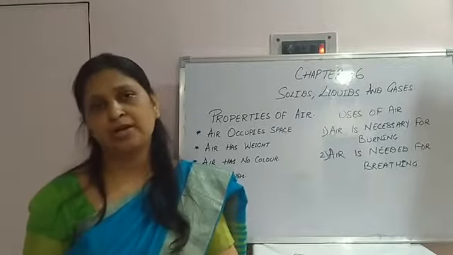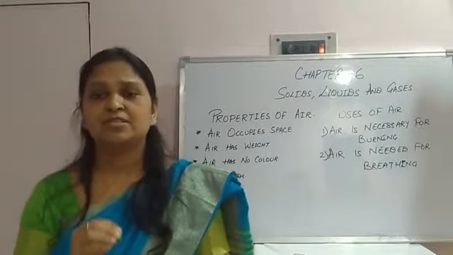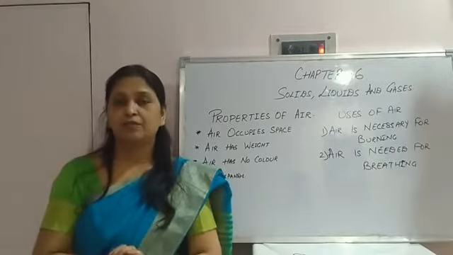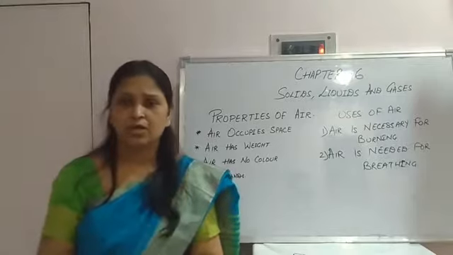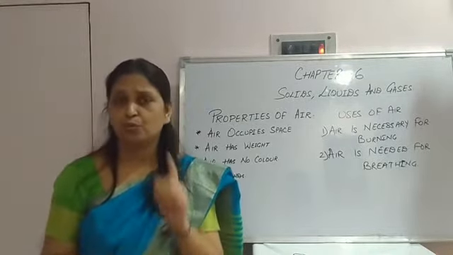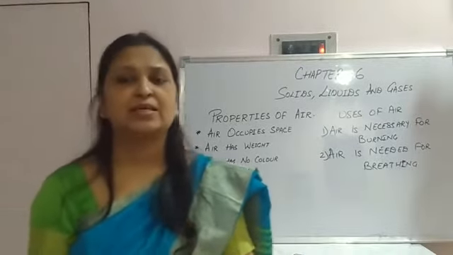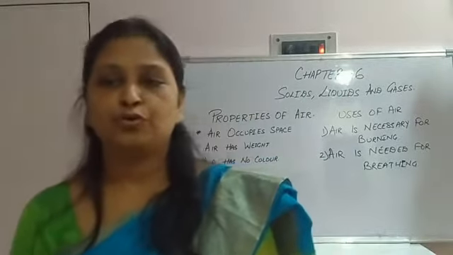One more important example is that air gives us energy for the functions of living beings. Living beings, human beings, animals, we get energy through the functions of air. Most important are plants and trees. Plants get their food by photosynthesis.